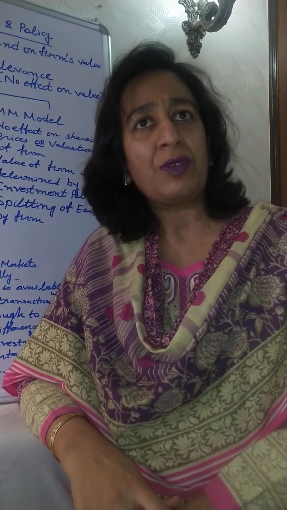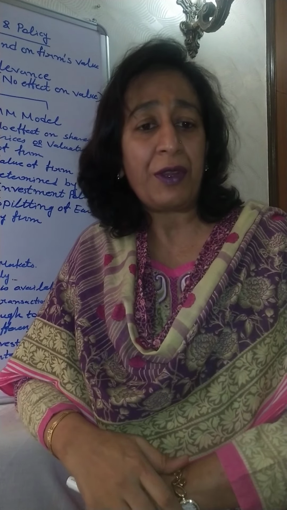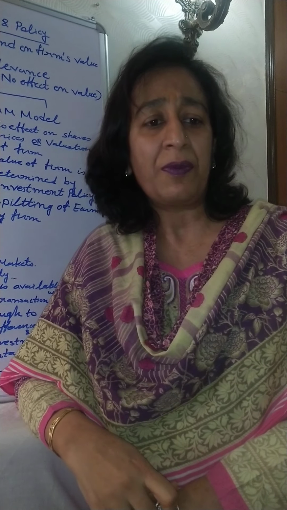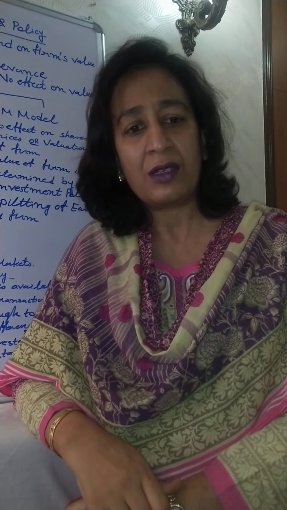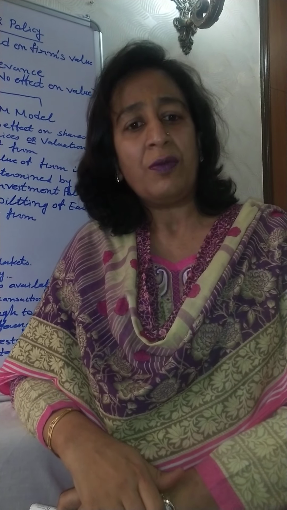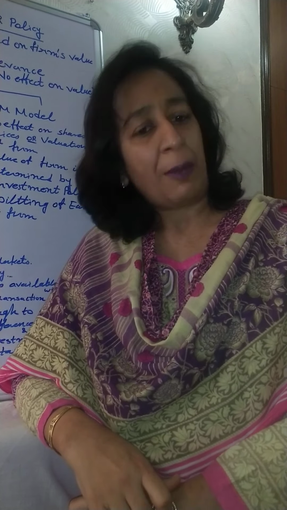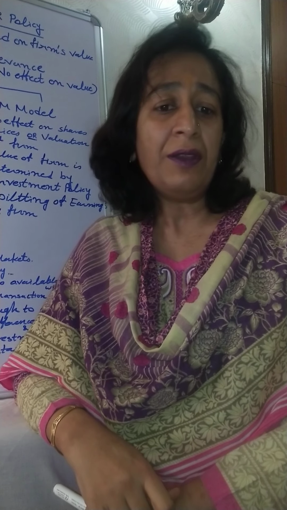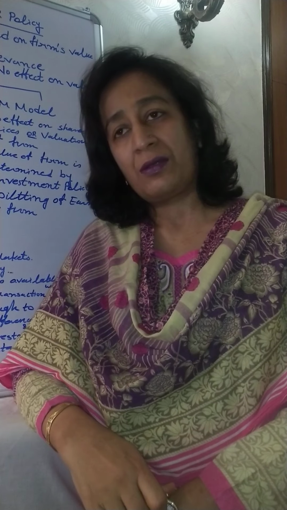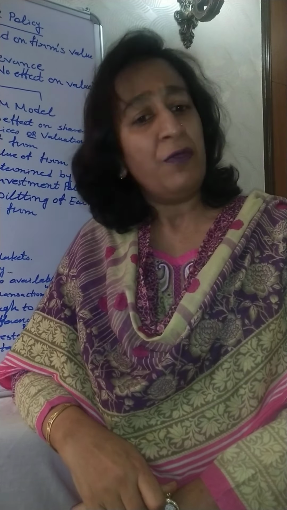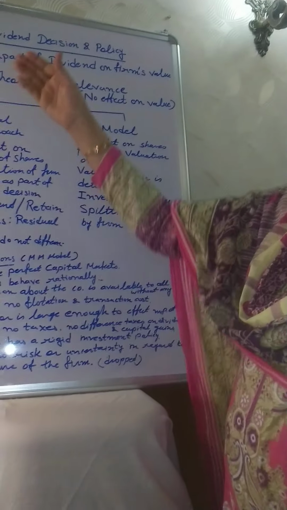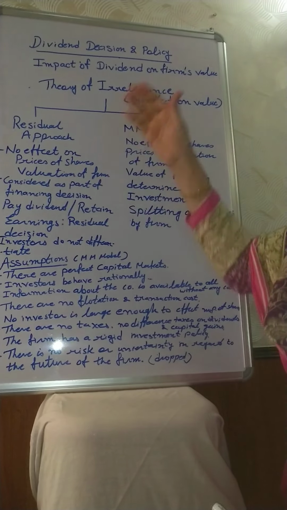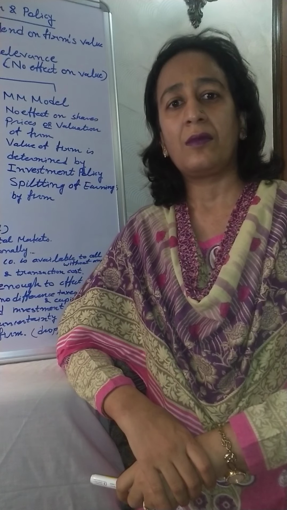If the company distributes the whole amount of profit among its owners, it must arrange funds from external sources, which results in a higher cost of capital or a higher number of equity shares, which finally ends up with the minimization of the company's wealth. Let's discuss the effect of dividend on the firm's value.